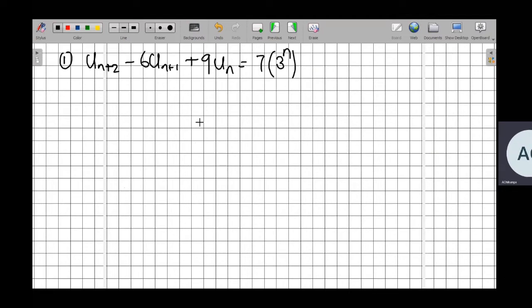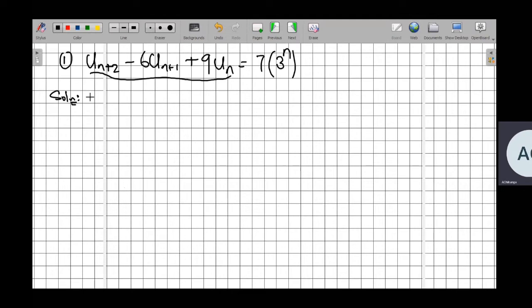First of all, we need to find the solution of the what? Of the homogeneous part. So the homogeneous part is this one. So we actually need to find the solution of the homogeneous part, okay?